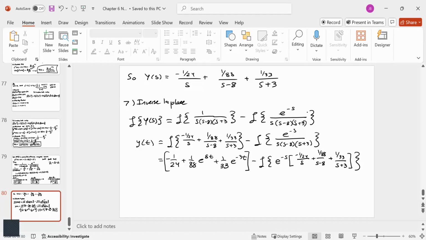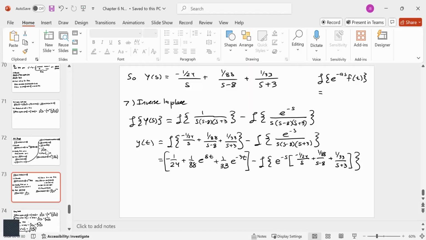And what I'm going to use here is the Laplace transformation of e to the negative as times f of t, right? We have a formula for that. And just to remind you, we'll go back to the table so we can see it.